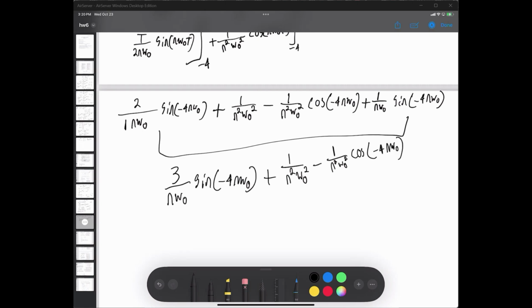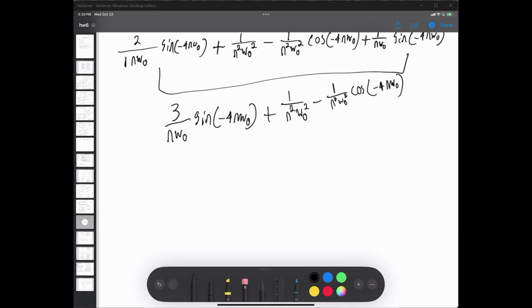Let's see what we have here. Alright. Now this could be simplified further some sort of way. Let's factor out an n squared omega naught squared. Let's do that. Or you could just really leave it if you wanted to.